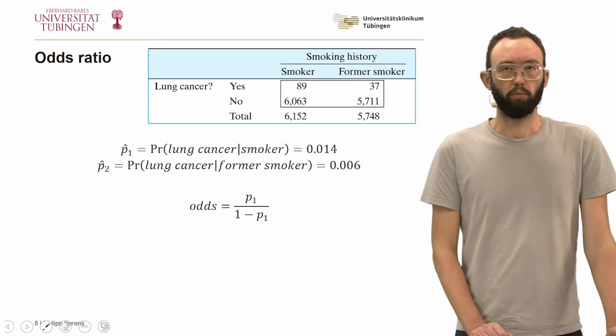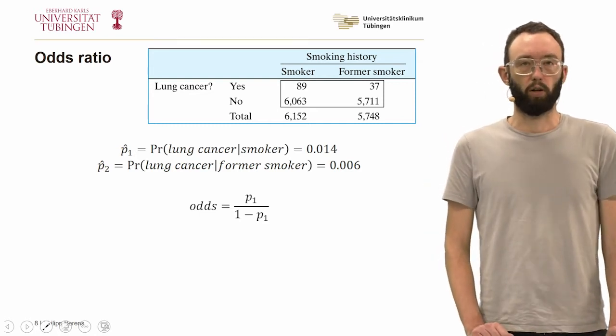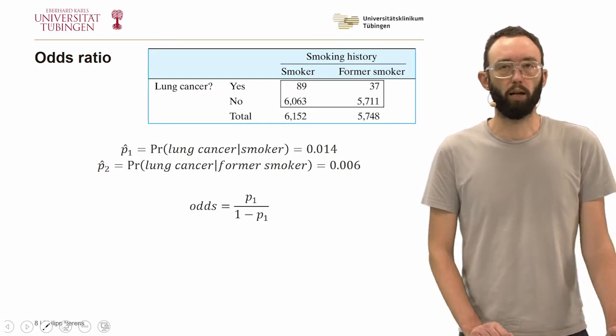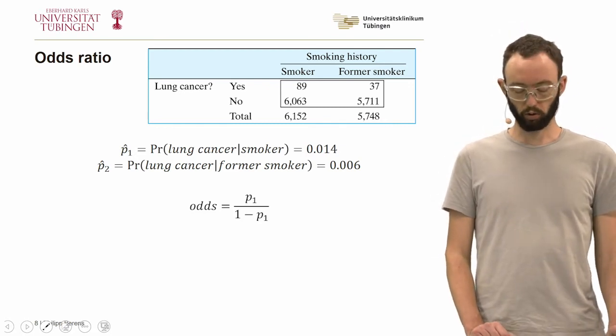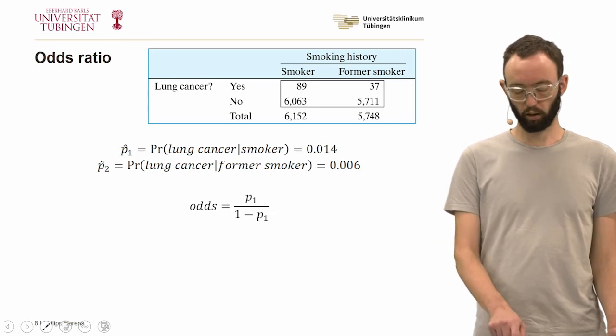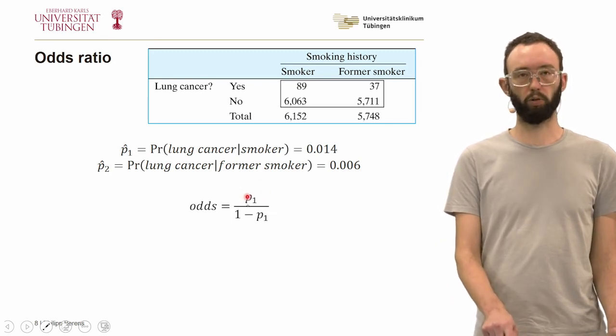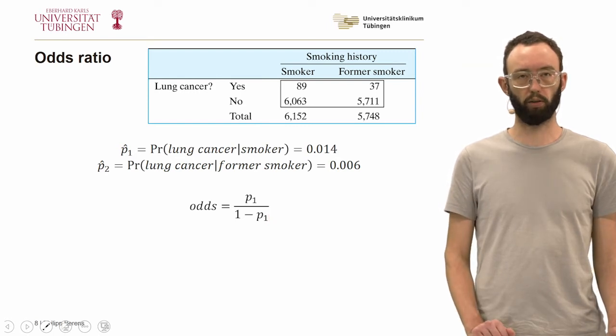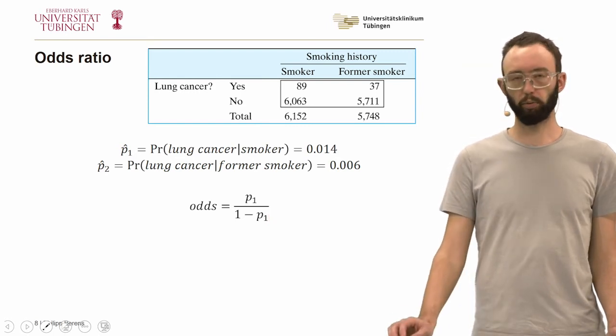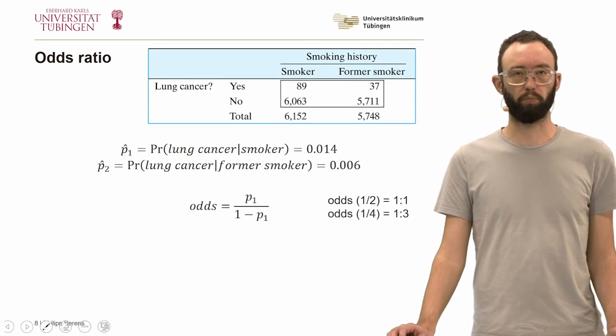There's yet another way that is called odds ratio. And the odds ratio is maybe less intuitive than the relative risk. The so-called odds of an event are the probability that the event occurs divided by 1 minus the probability that the event occurs. And it probably helps to think of some examples.